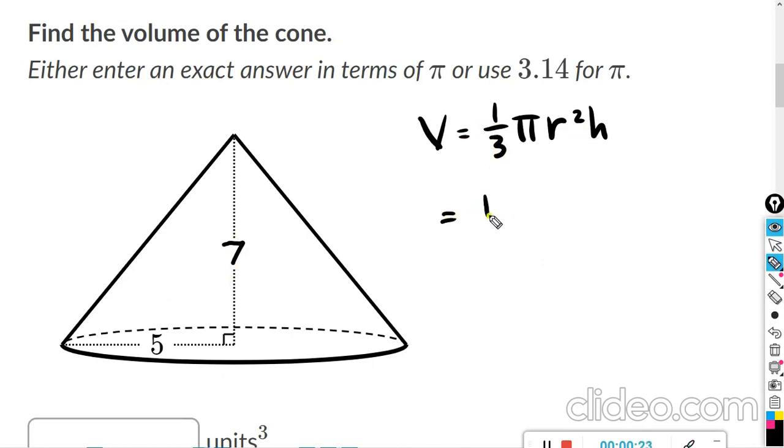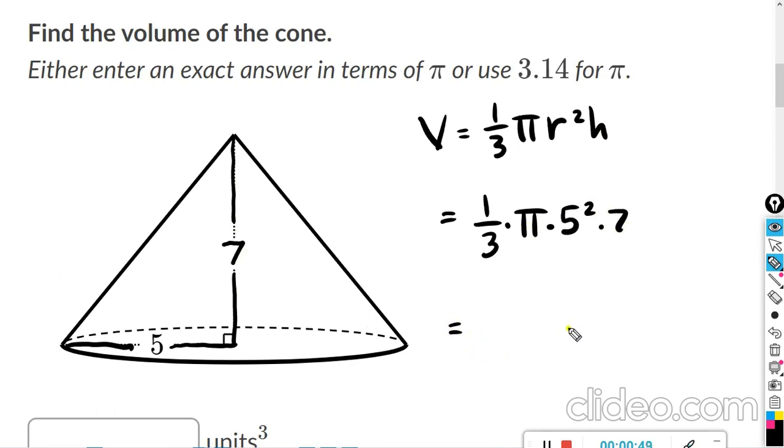We start with 1/3, multiply that times pi, and then times r squared. This right here is the radius, so that's 5 squared. And the height h is this right here, that's 7.